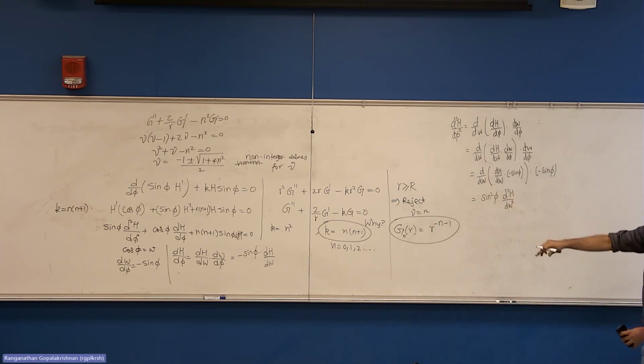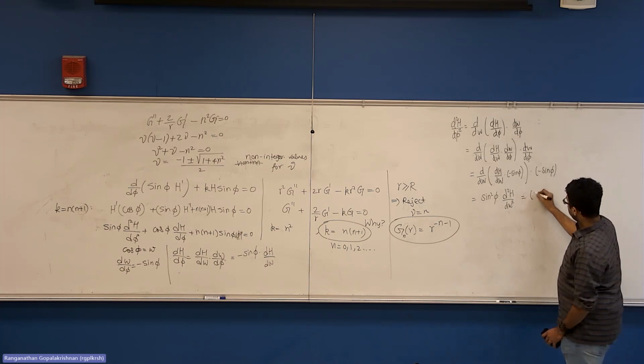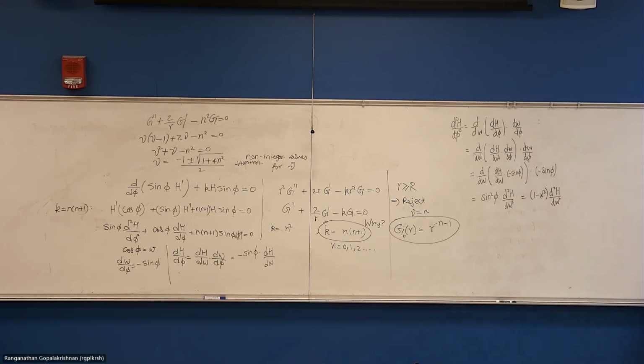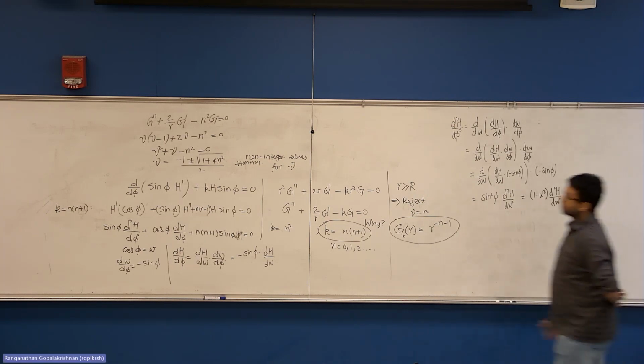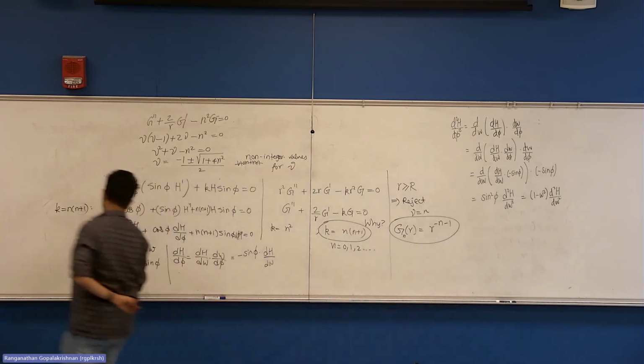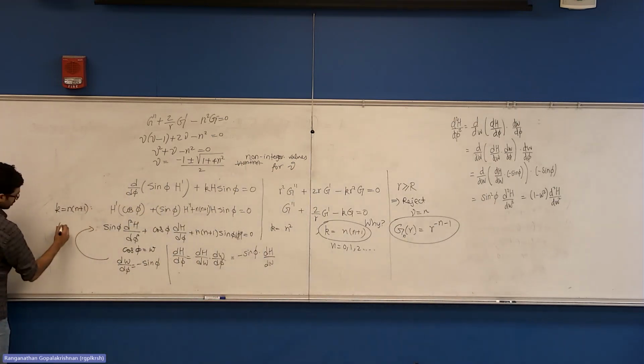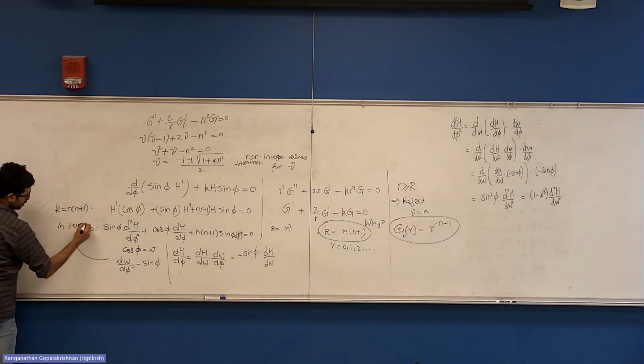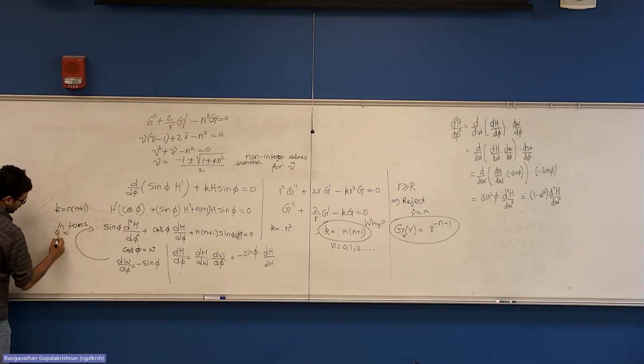And since cos phi is equal to w, I'll write this as 1 minus w squared d squared h over dw squared. The whole point is to write this ODE in terms of w instead of phi.